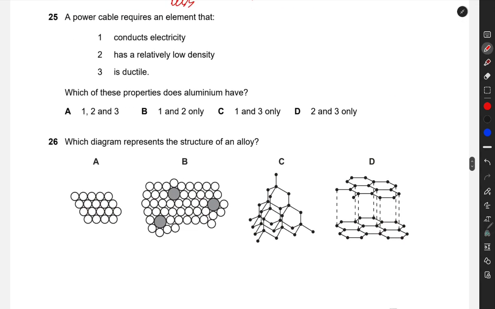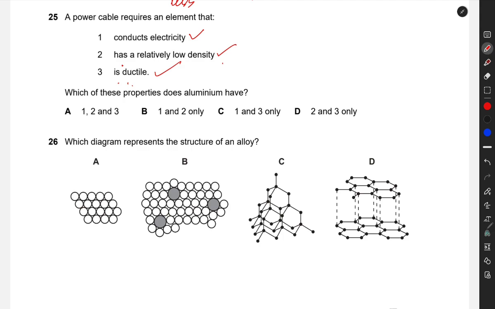A power cable requires an element that conducts electricity. Yes, it has a relatively low density. Yes, it should be low density. It is ductile. Yes, it should be ductile, because ductile means drawn into wires.